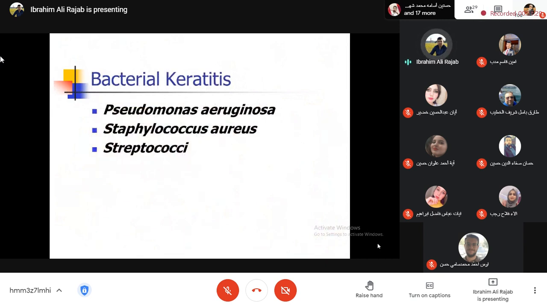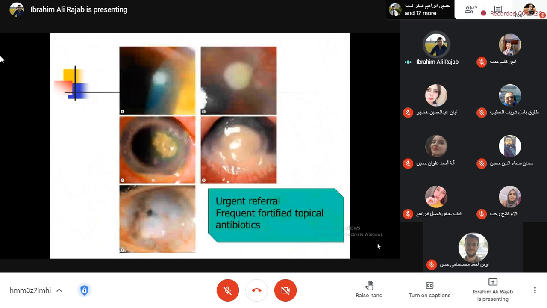Keratitis, as I told you, may be viral, such as adenoviral keratoconjunctivitis, or bacterial, such as staphylococcal, streptococcal, or Pseudomonas. The patient presents with red eye, pain, and blurred vision. When we examine the patient under the slit lamp, we will see corneal infiltrates.